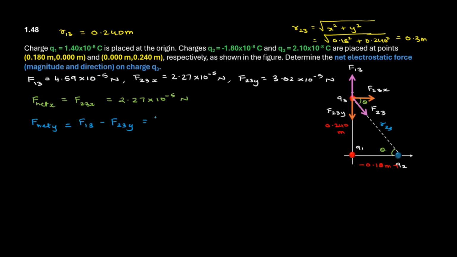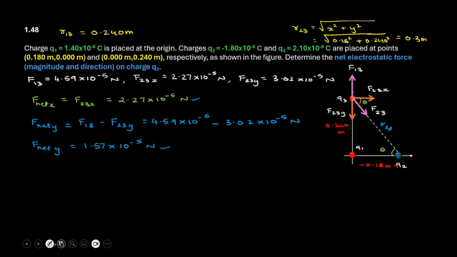Let's substitute F13 we found to be 4.59 times 10 to the power negative 5 minus F23y is 3.02 times 10 to the power negative 5 Newton. Solve this and you get the net force along y-axis to be equal to 1.57 times 10 to the power negative 5 Newton.